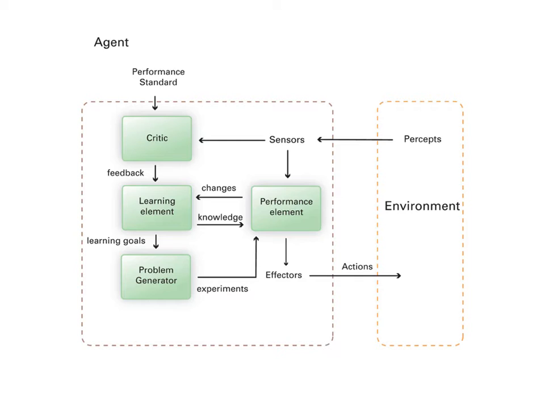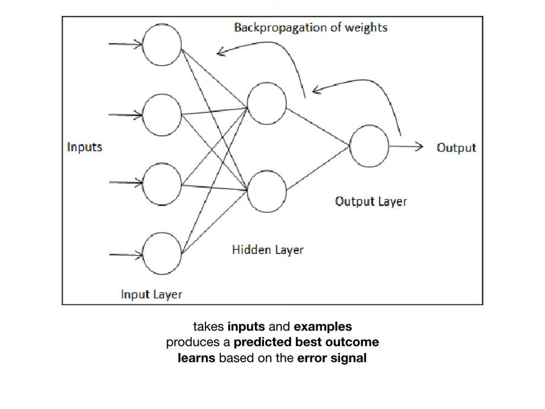So this is yet another layer of complexity. Let's look at an example. We can talk about even something as simple as the backpropagation network, right? The multi-layer networks that use backprop. It will take in inputs and examples.